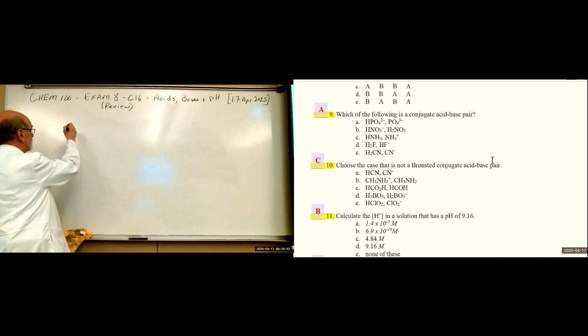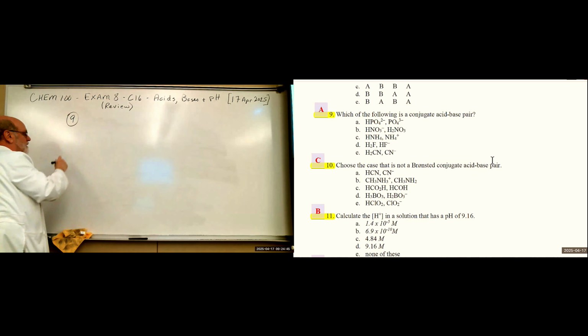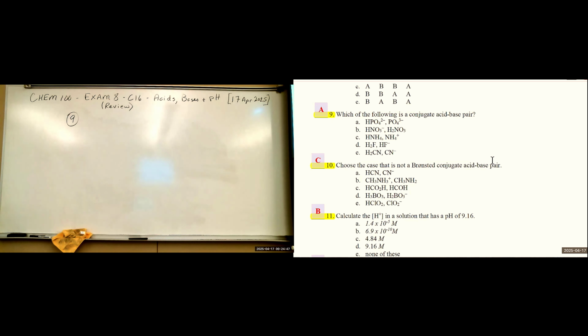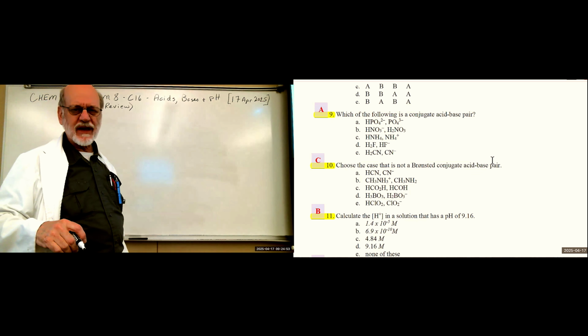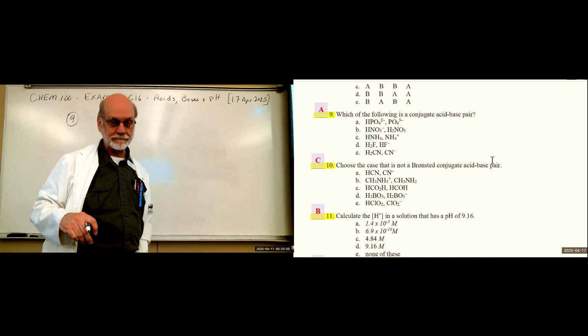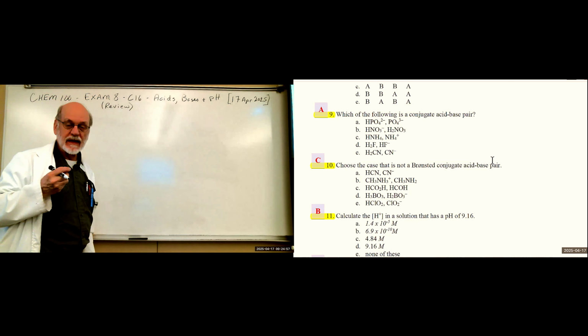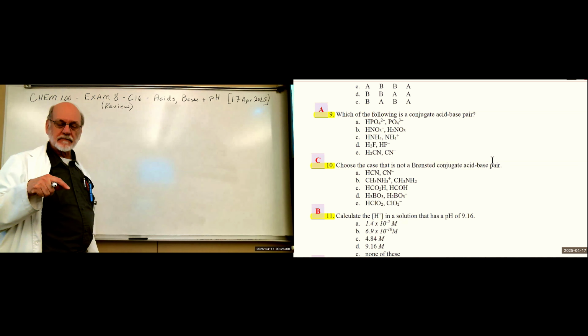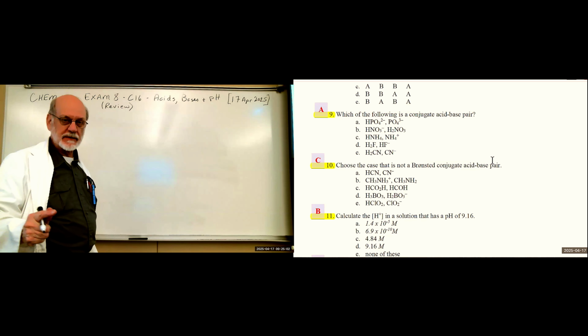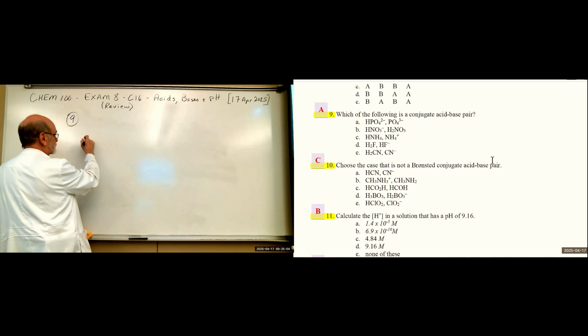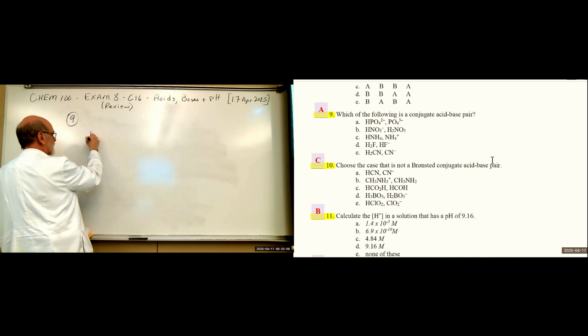Okay, number 9. Which of the following is a conjugate acid-base pair? All right. If we're saying acid and its conjugate base, that means that we've got to pair them up like this.